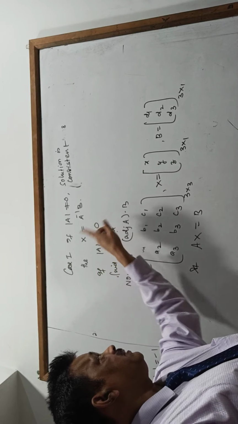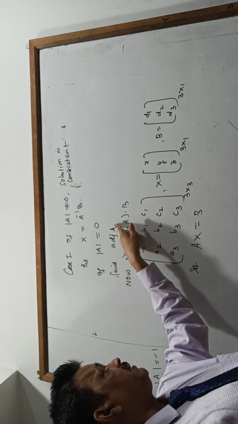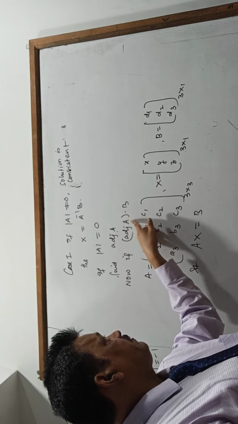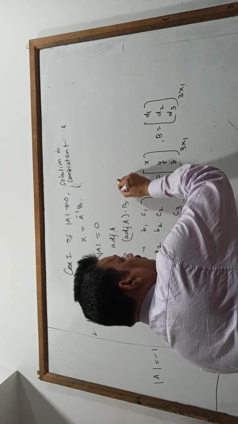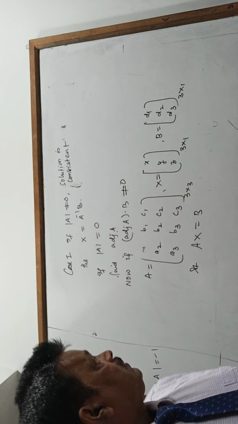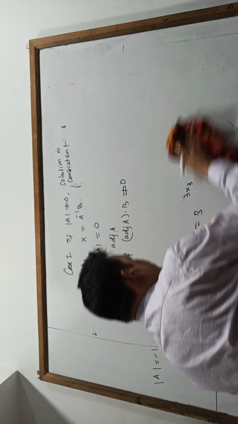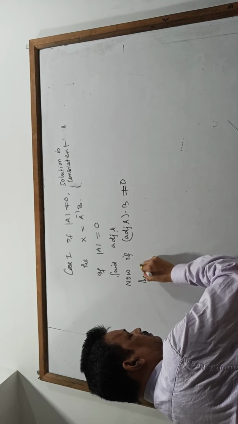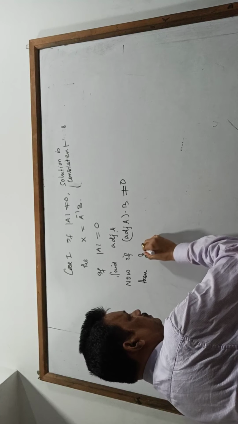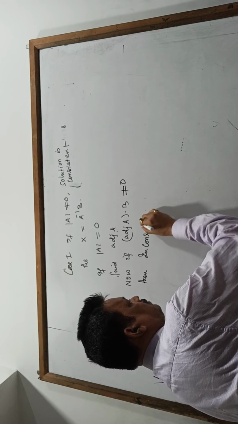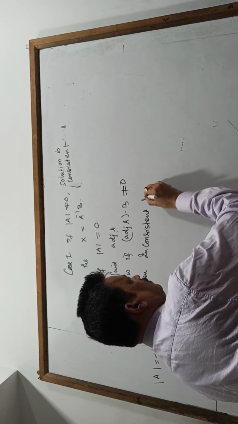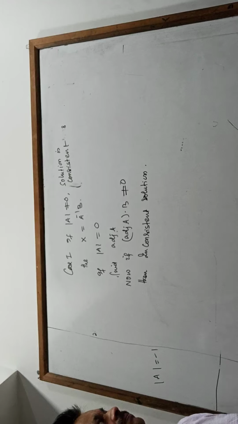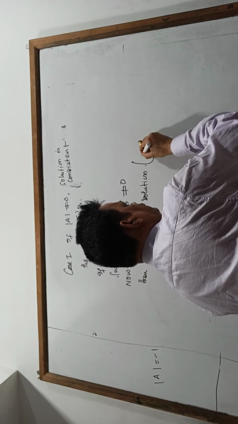But if the determinant is 0, then you have to check. First you find adjoint of A. Then if adjoint of A into B is not equal to 0, then inconsistent solution. Inconsistent solution means that is no solution.